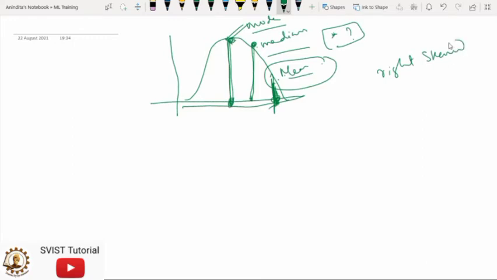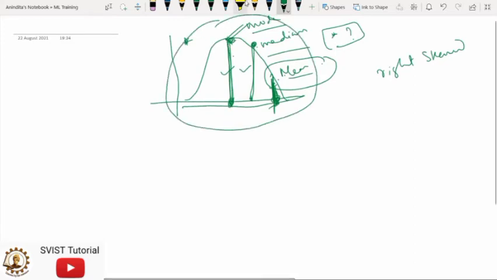So what do you mean by right skewed? Say I have drawn one diagram like this. Then I have plotted the value of mode, median and mean. And while doing statistical analysis, one person can easily identify, okay, if this is the situation, then this diagram is not correct.